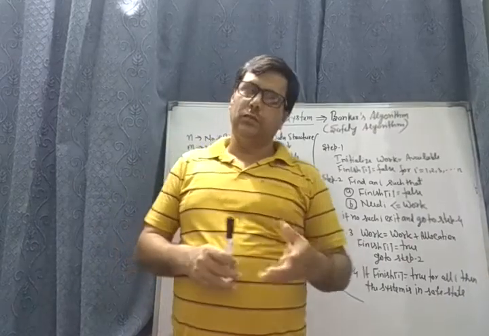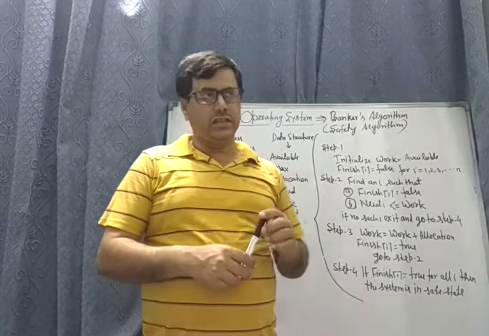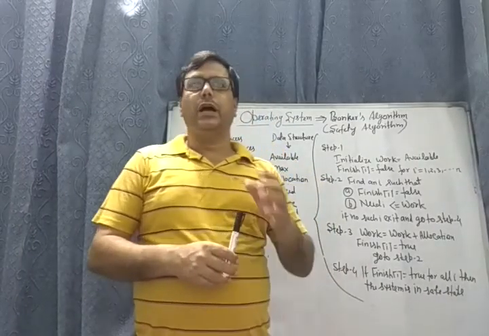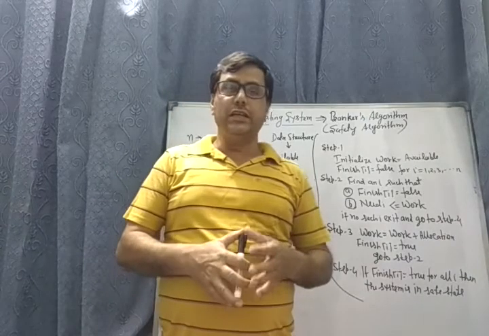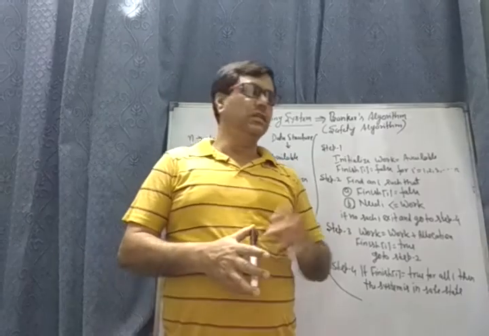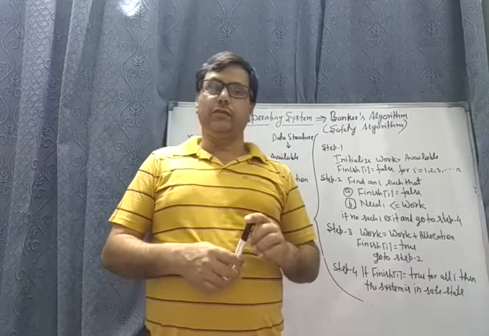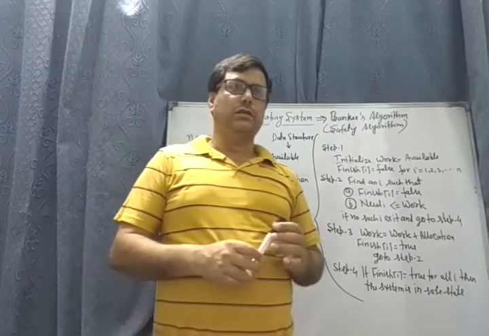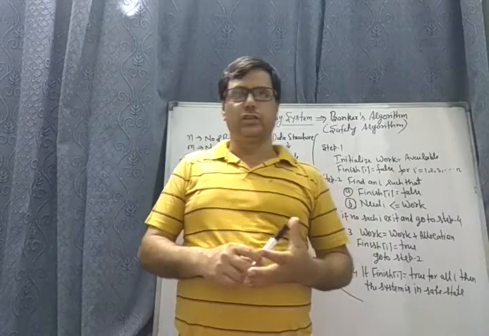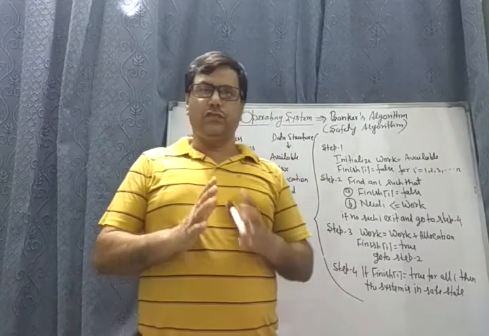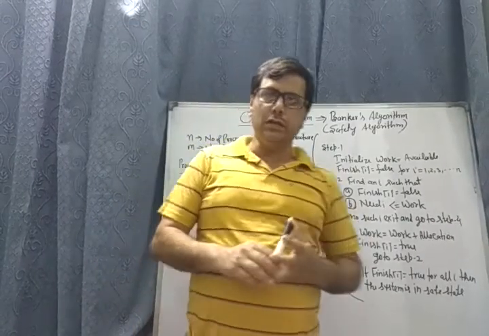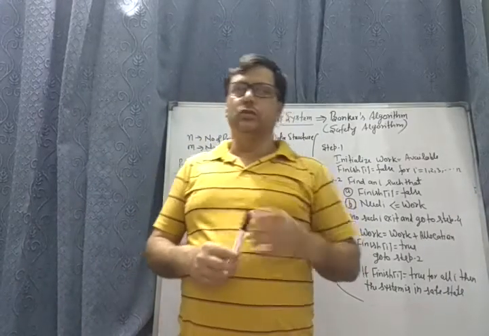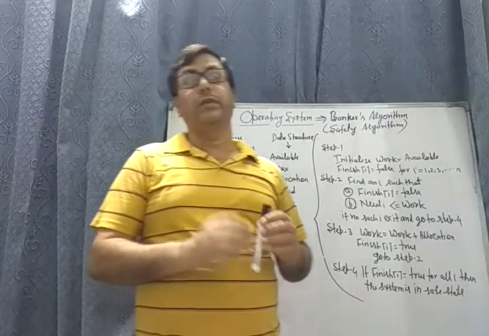If there are many processes in the system, then we examine whether there is any safe sequence in the system or not. If a safe sequence of processes is found, then we go ahead and execute. If no safe sequence is found, then the system will not allow the processes to execute because there may be a deadlock.